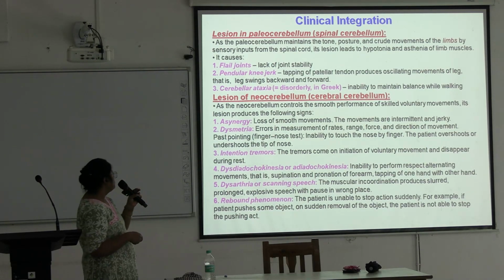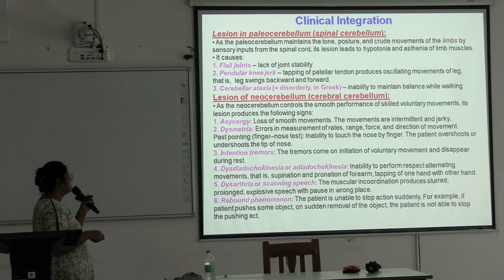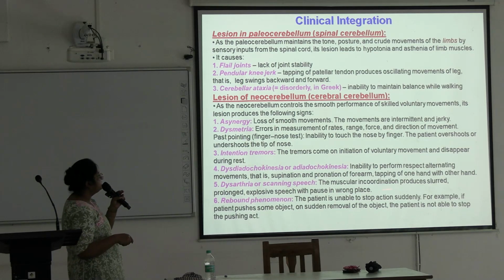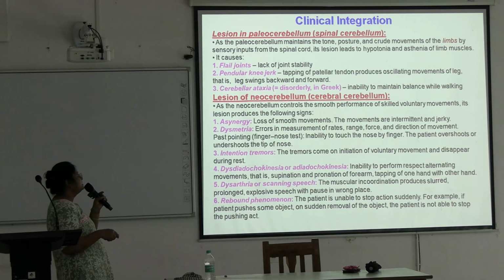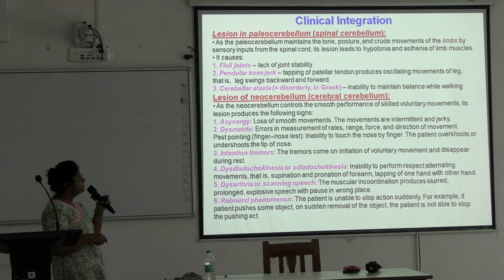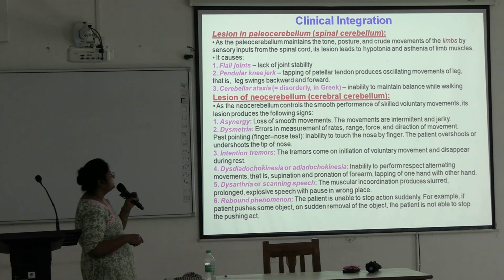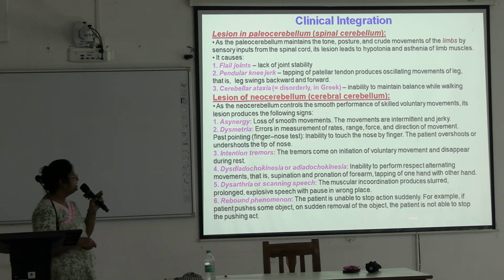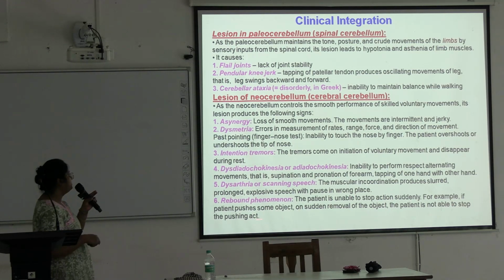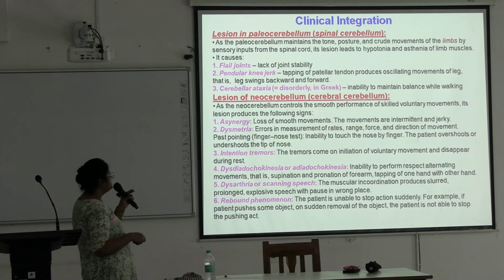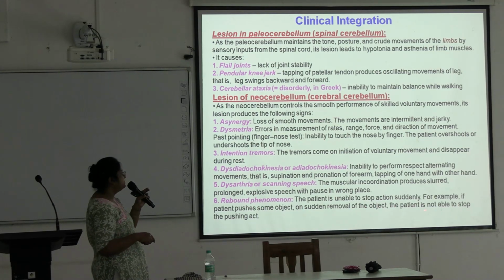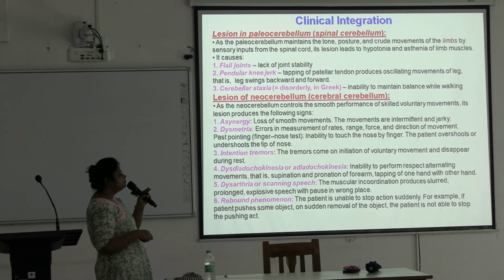Next is dysarthria or scanning speech. Muscular incoordination produces slurred, prolonged, explosive speech with pauses in the wrong place. Next is rebound phenomenon. The patient is unable to stop an action suddenly, for example, if the patient pushes some object, on sudden removal of the object, the patient is not able to stop the pushing act.